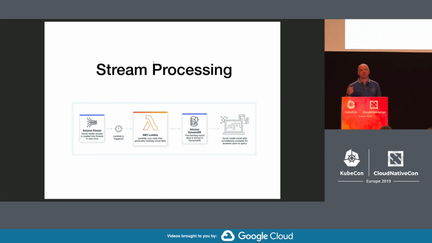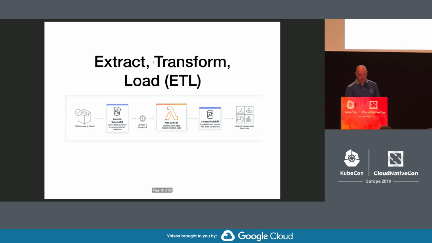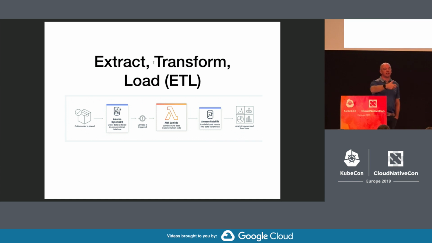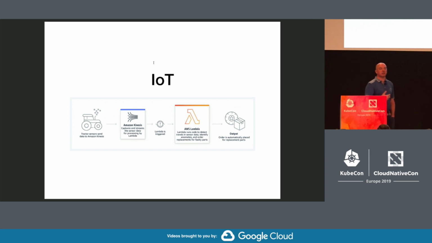Stream processing: you have lots of messages coming on an event stream, Kinesis or Kafka, you name it, triggers functions, stick something into a database, keep on going. ETL: you insert things into a database, DynamoDB, but could also be an on-prem database, triggers a function, do some processing, and then archive the result, right? All these come straight out of AWS, okay?